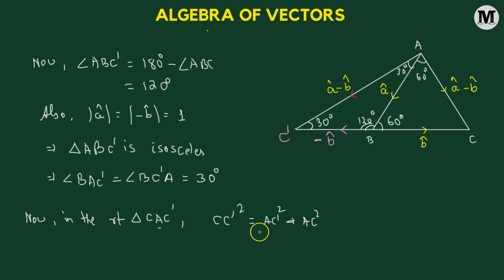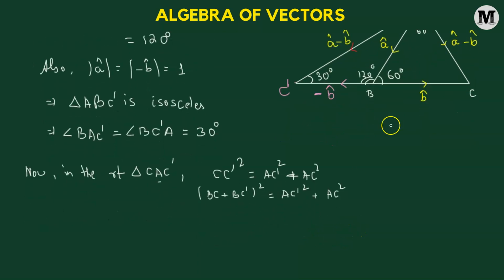So this is the Pythagoras theorem. Now let's use the values here. CC prime is nothing but BC added to BC prime. We have to square it. We're only considering the magnitude here. Then we have AC prime squared added to AC squared.